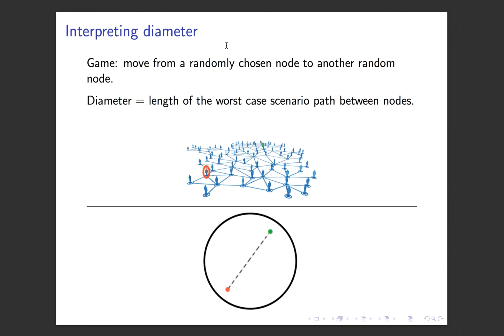Given that we're randomly selecting these points, what is the longest we'll ever have to walk from one point on a circle to another point on a circle? This ends up exactly being the diameter that we're familiar with from mathematics classes in geometry. So this is our idea for the diameter of a network.